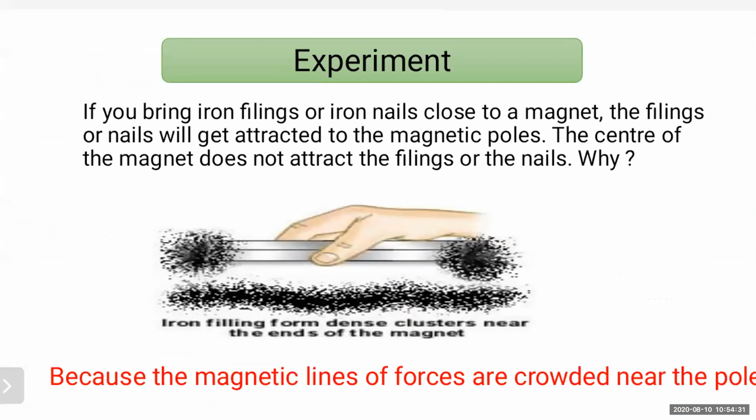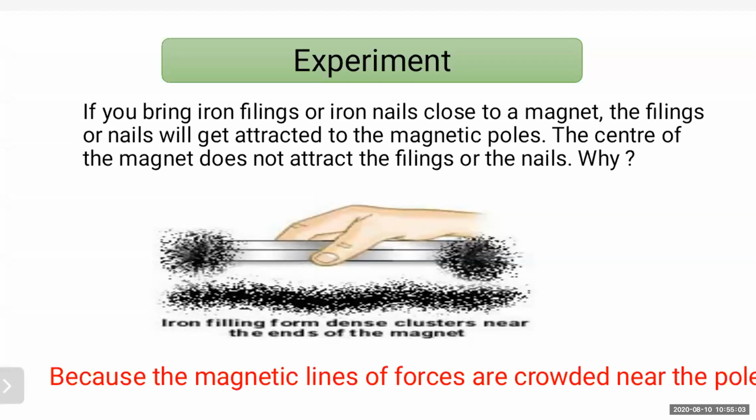So this is the experiment. If you bring iron filings or iron nails close to the magnet, when you place them on the magnet, the iron filings or the nails will get attracted towards the magnetic pole, not the center.